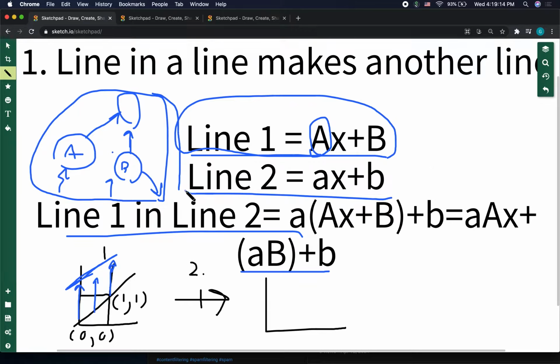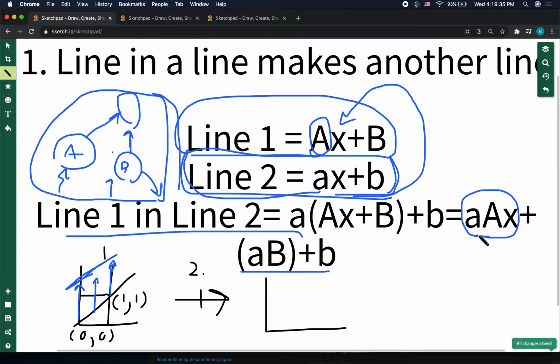Then if I put another equation for a line, same formula, within another line, and you can do the math yourself, I will actually get another line that's just some value times x plus another number, still the equation for a line. If I do it infinite times, I'll still always get a line.